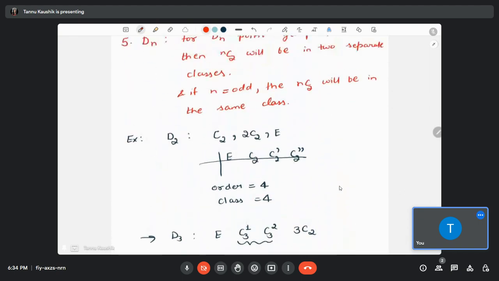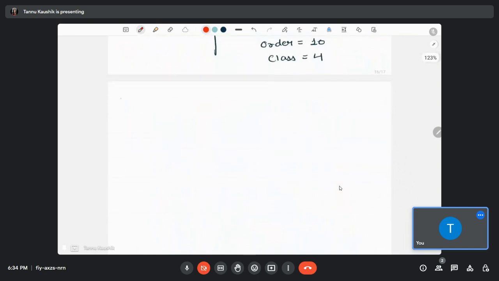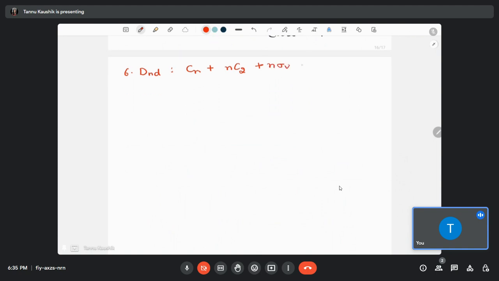The next point group is the Dnd point group, which will have the following symmetry operations: Cn, the n-fold principal axis of rotation, nC2 axes perpendicular to it, and n sigma d planes associated with it. It will also have the S2n improper axis of rotation.